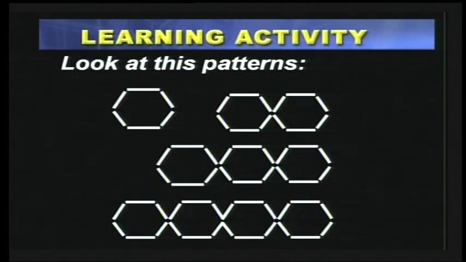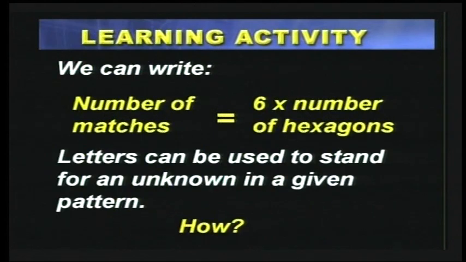24. So this pattern now tells us that the number of matches formed is equal to the number of matchsticks times the number of hexagons. Okay, let's have a look at how we can write that.